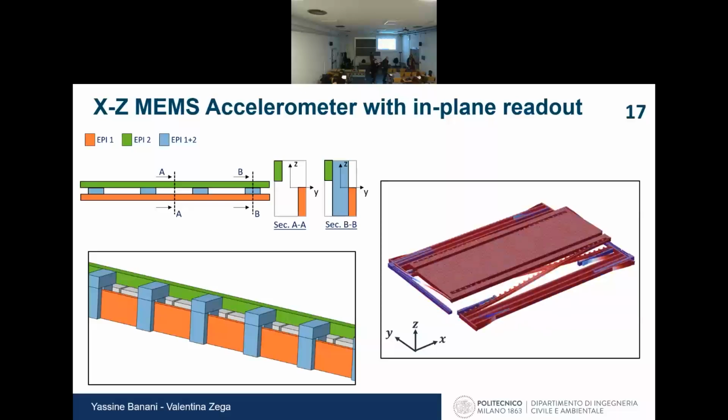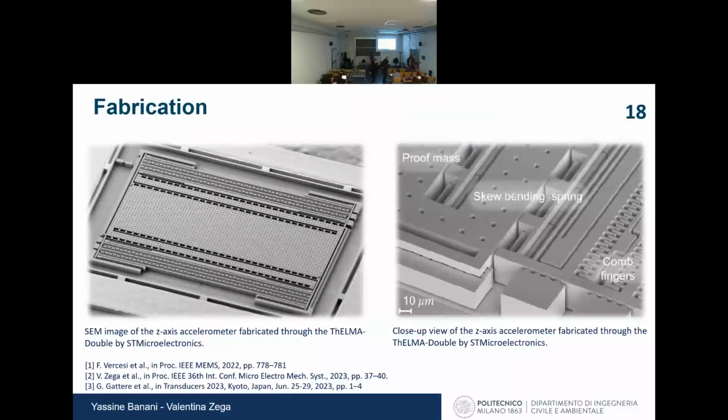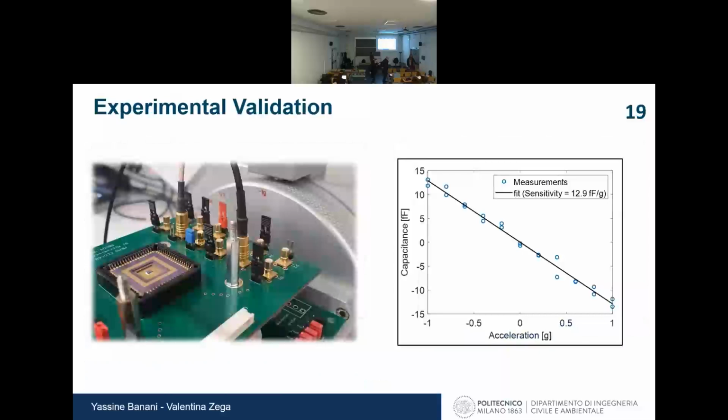And this device was actually fabricated. This is a SEM image, and as you can see from this zoom, we have two layers. This is the bottom layer, this is the top layer. We have other regions in which we have just one continuous layer. And this was fabricated and tested. These were the results, where in the x-axis we have the acceleration, the thing that we want to measure.